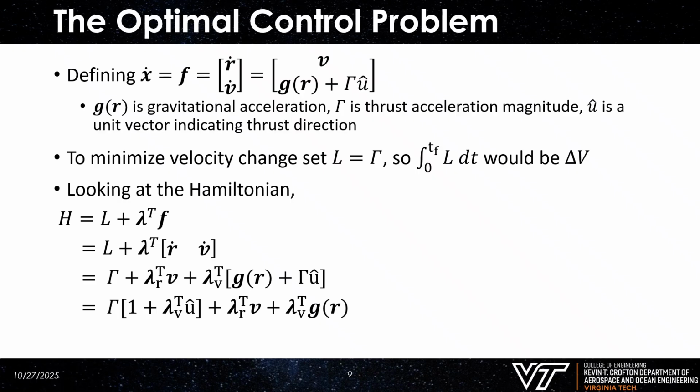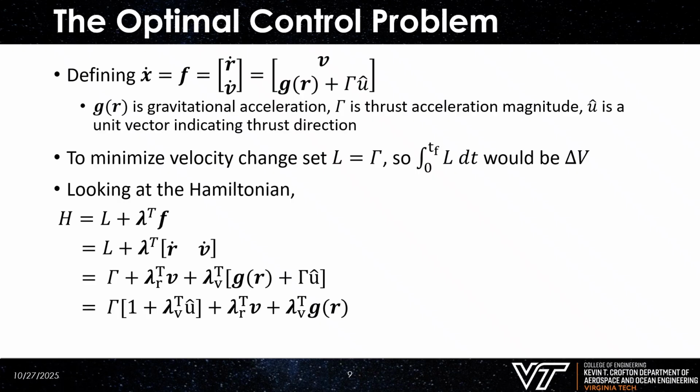And in that case, our acceleration vector is equal to g of r, which is our gravitational acceleration, plus our thrust, where capital gamma is our thrust acceleration magnitude, and u hat is a unit vector that indicates our thrust direction.